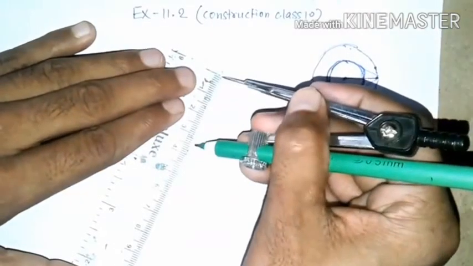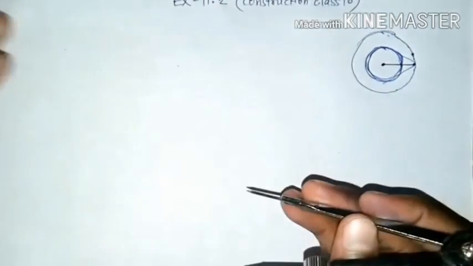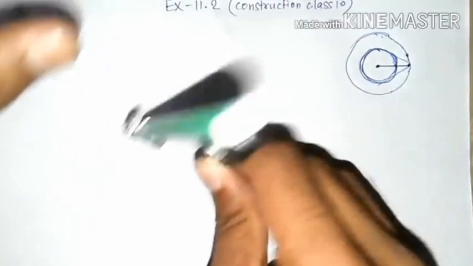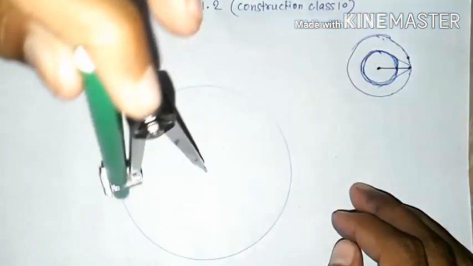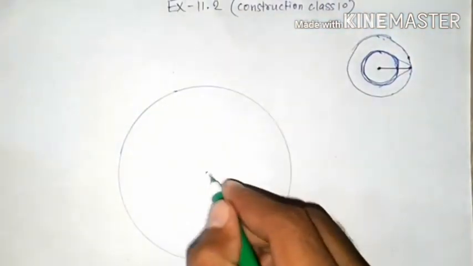Using your ruler, take 4 cm and draw a circle with 4 cm as radius. So always you can use a rough diagram on the corner of your construction. It will always guide you to the right way.